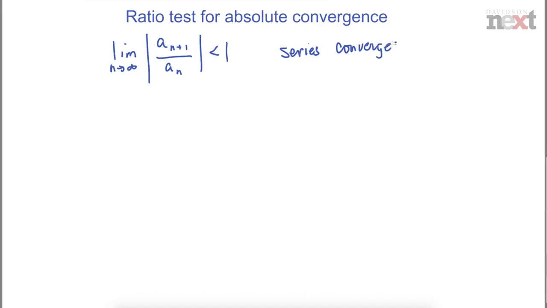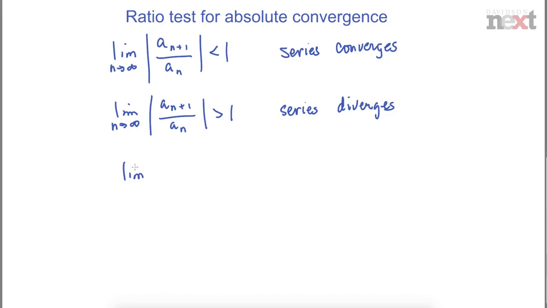The ratio test requires us to look at the ratio between consecutive terms, similar to the ratio we looked at with the geometric series, only this time we will not get a common ratio, but we will look at the limit of that ratio. And if that limit, as n goes to infinity, is less than 1, then our series converges. If that limit is greater than 1, then definitely our series diverges.